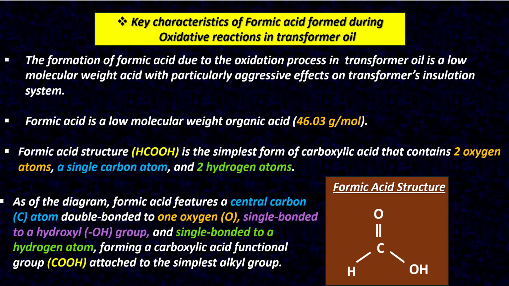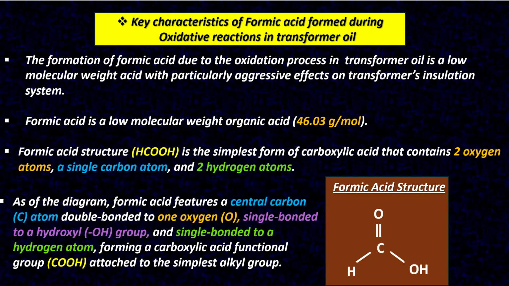Formic acid structure. HCOOH is the simplest form of carboxylic acid, containing two oxygen atoms, a single carbon atom, and two hydrogen atoms.